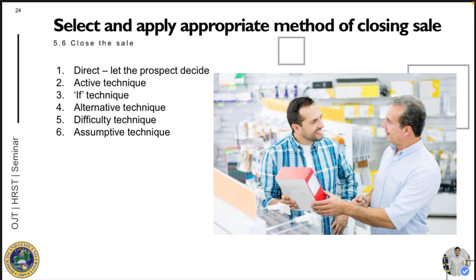Next is number 3, the word "if" technique. This technique allows the prospect to decide a step at a time without pressuring the customer. For example, if you are not sure of the dates and times, can I make a tentative booking and you can get back to me tomorrow when you have a better idea of your other arrangements?